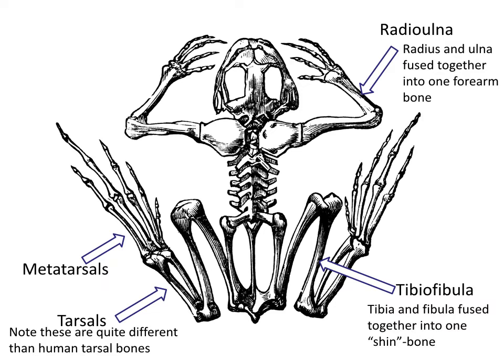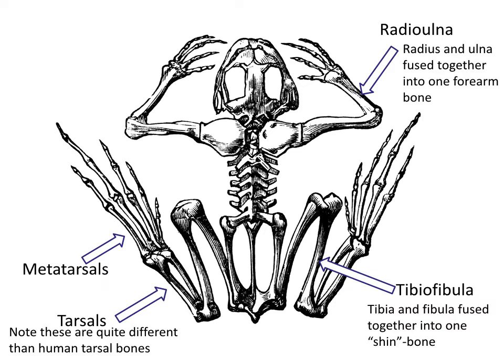In their hind limbs, like our legs, the metatarsals are very long. Ours are as well, like most of what makes up your foot is metatarsals. But the big difference between them and us is the tarsals. In a frog, the tarsals are very long.